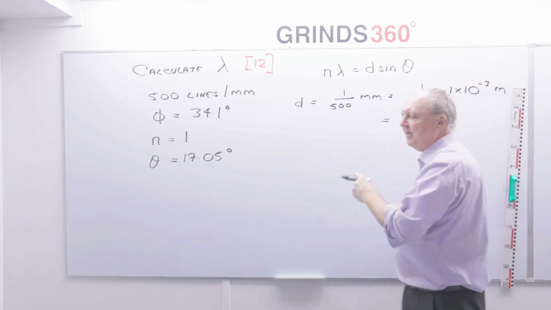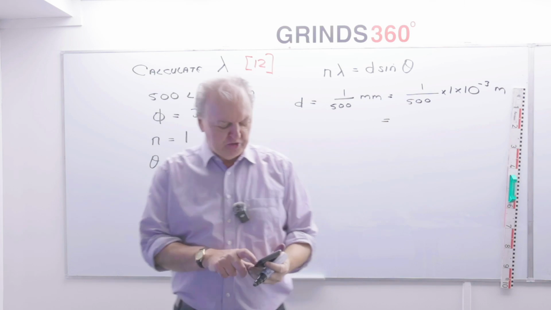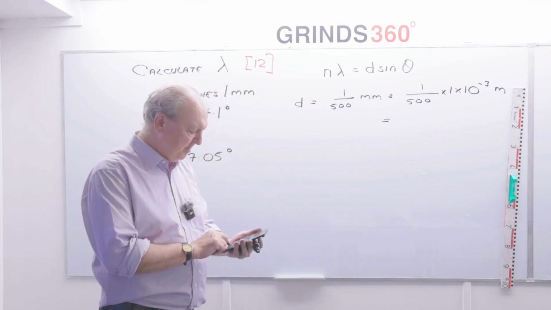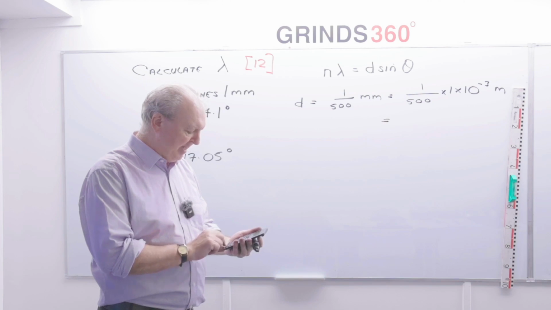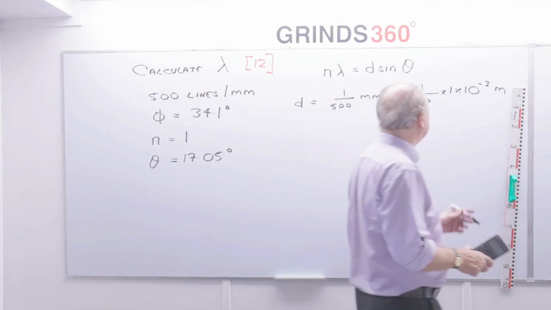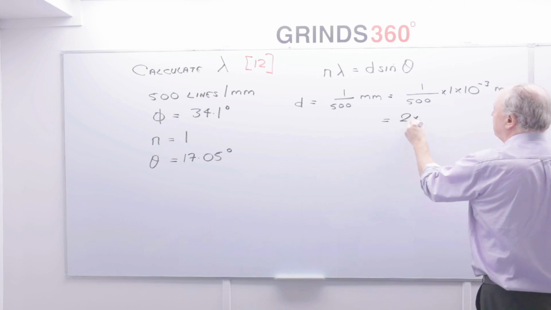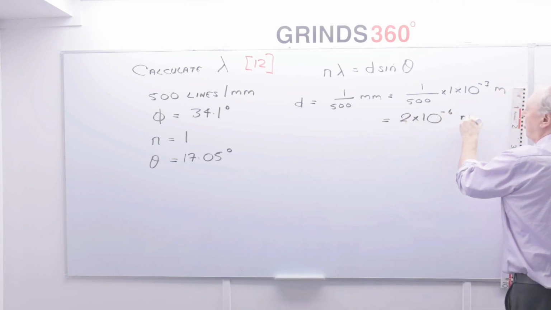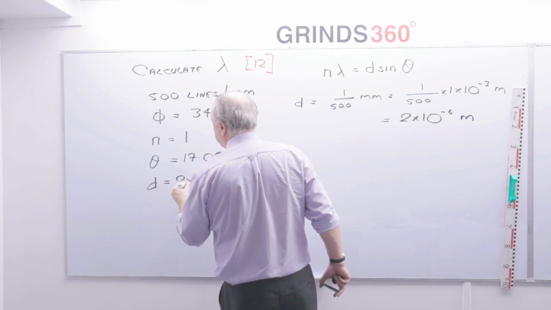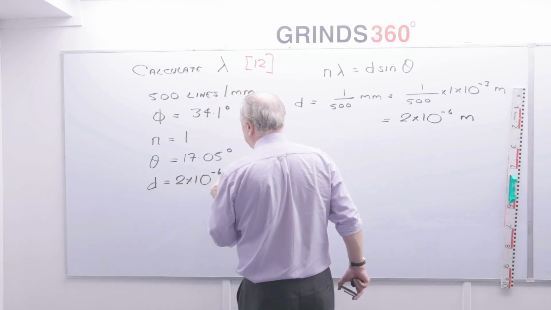You've done that calculation many times before. So put that into my calculator: the fraction 1/500th multiplied by 10 to the power of minus 3. And I get an answer of 2 times 10 to the power of minus 6 meters. So I now have d is 2 times 10 to the power of minus 6 meters.